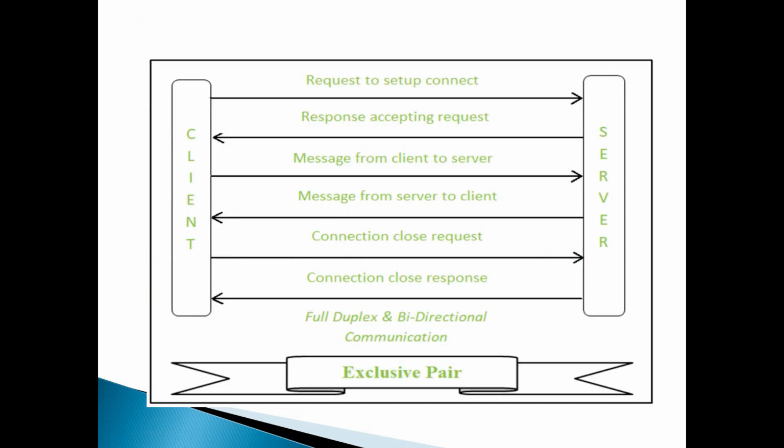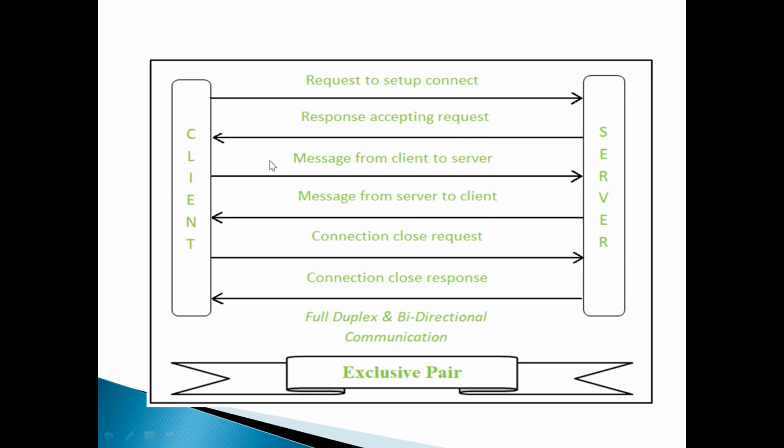This is the exclusive pair model architecture diagram. First is the connection setup request from the client side, which is sent to the server side. The server responds, accepting the request.